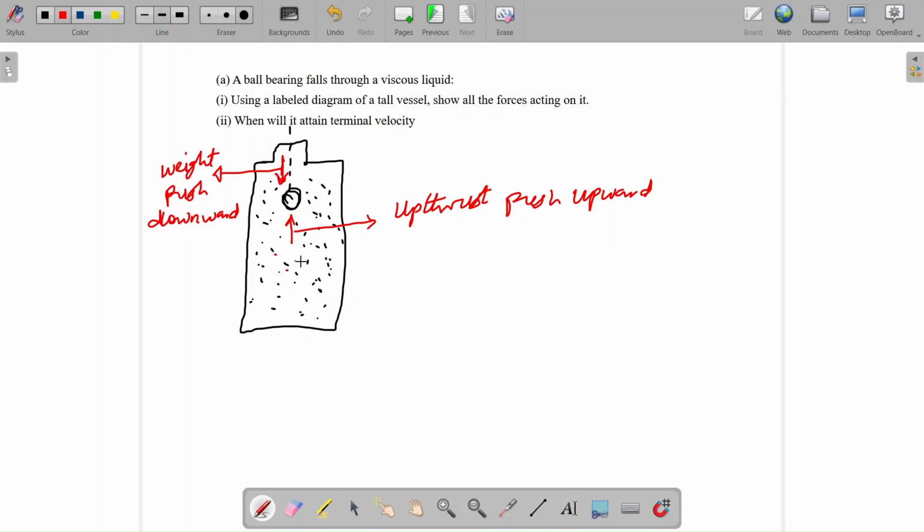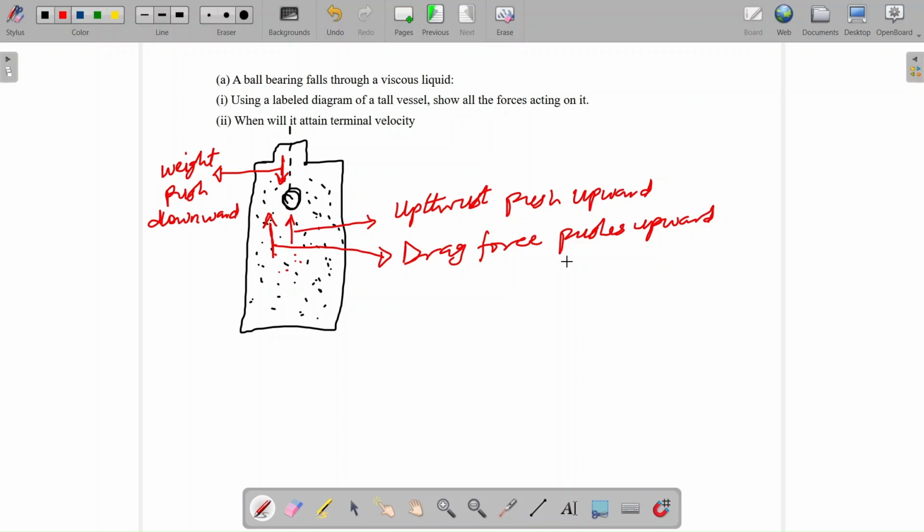That one is from the fluid itself. So the fluid is preventing it from going down. So drag force pushes upward too, because it doesn't want it to go down. So those are the three forces acting on the object at the same time. So that is the first question.